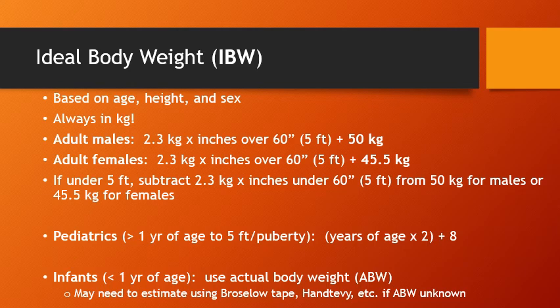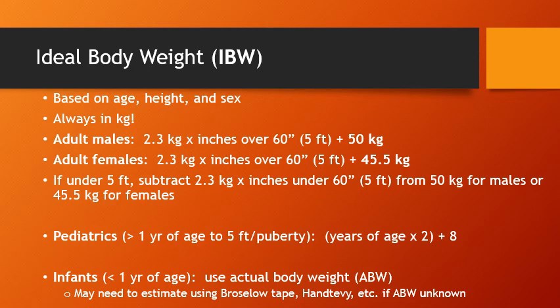So 2.3 kilograms multiplied by inches over 5 feet. Then you're going to add that to 50 kilograms. Okay. For adult females, it's almost the same, just a slight difference. You're going to take 2.3 kilograms multiplied by inches over 60, or inches over 5 feet, and then add that to 45.5 kilograms.